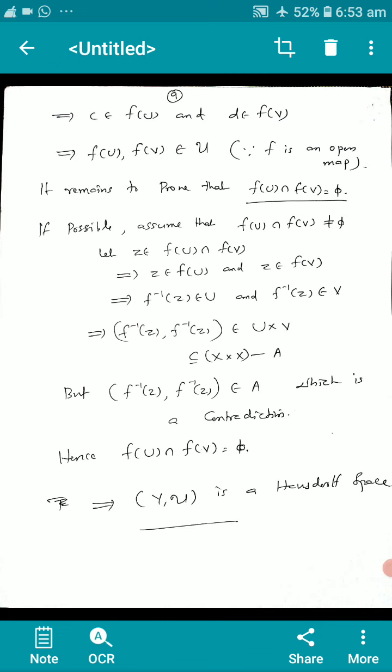Hence, f of U intersection f of V must be equal to phi. This implies the space Y is a Hausdorff space.